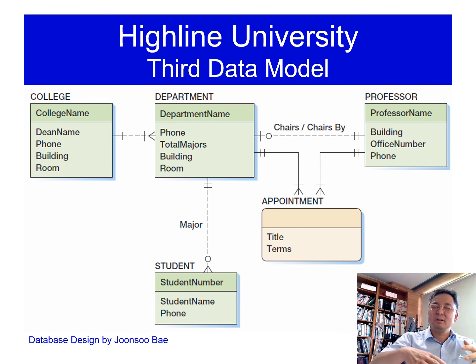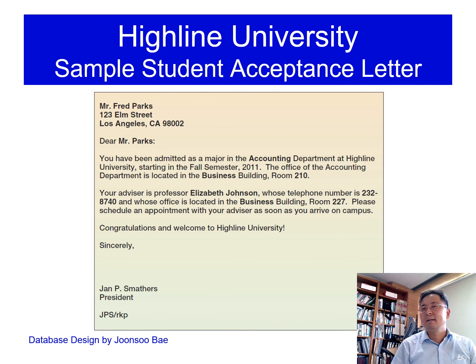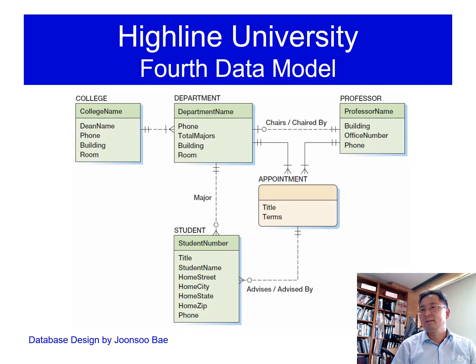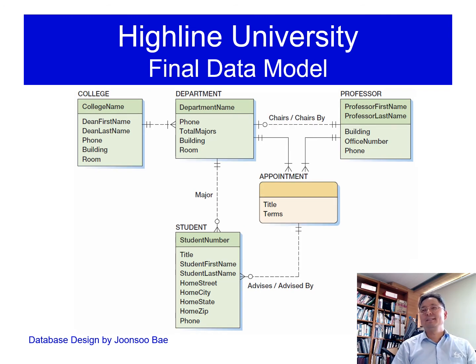In this way you can extend the first model one by one, to the second model, third model, and there is an acceptance letter here, so we need this one. I think the fourth data model and the final model is here. So to represent one university database, we need this kind of final data model.